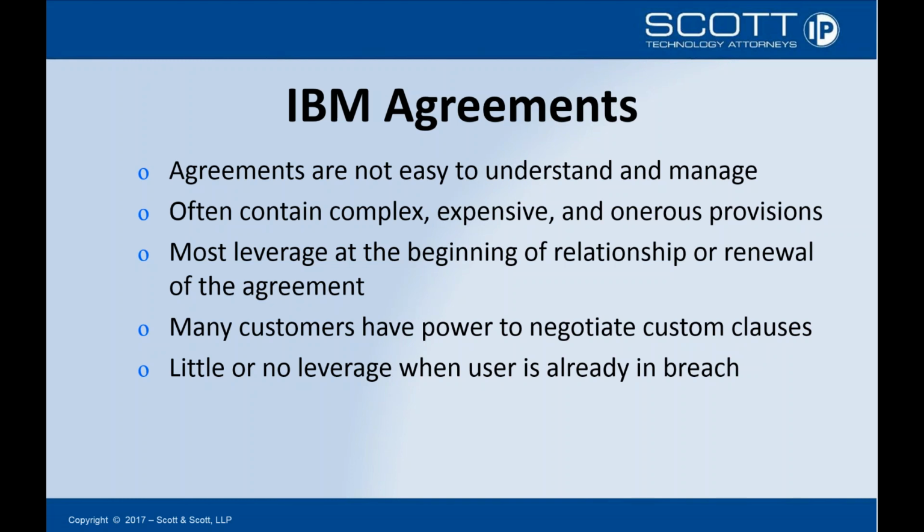As I mentioned, IBM agreements are often difficult simply because the first problem is that customers don't know where to find them. They might have multiple document repositories covering the last few decades, and many customers realize that they don't know where to find their IBM licensing agreements until it becomes an emergency and they have to find them.